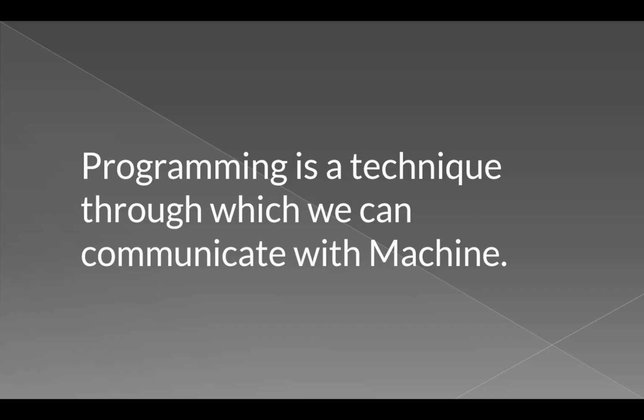According to your output, you have to give the instructions in a particular manner, and this is how the system will understand it. So it's a technique through which we can communicate with the system, so that the system understands what process it has to follow to give a particular output, right?